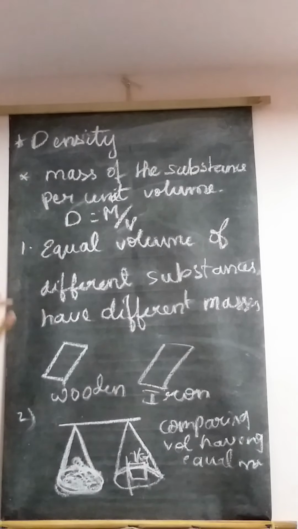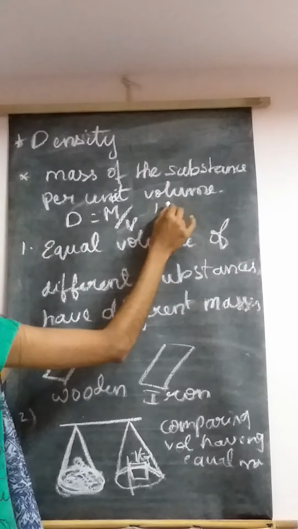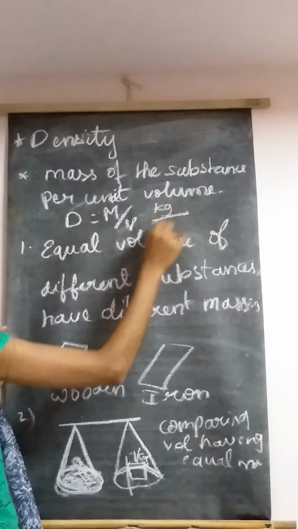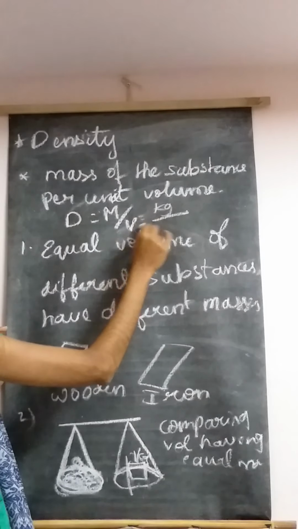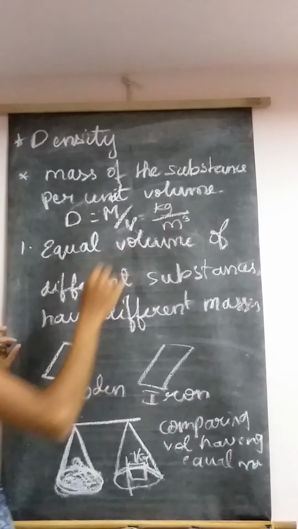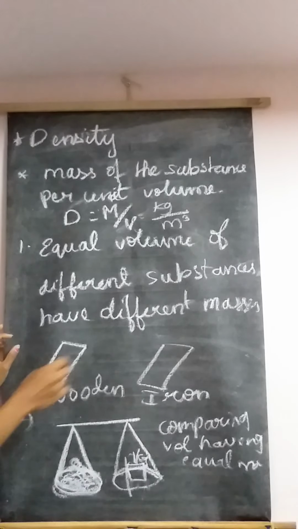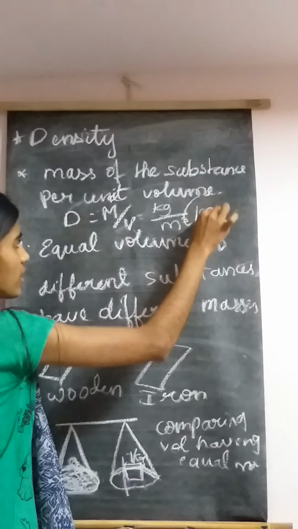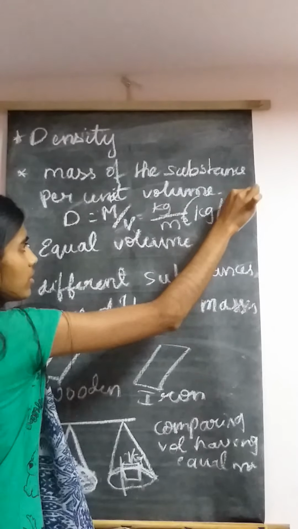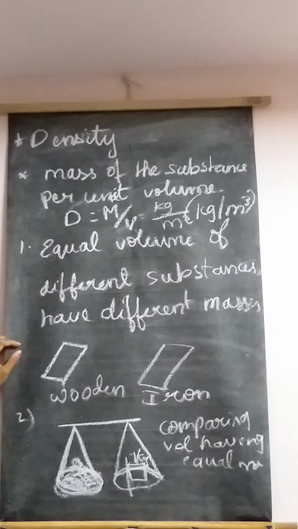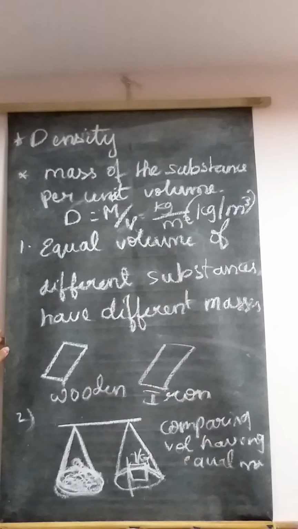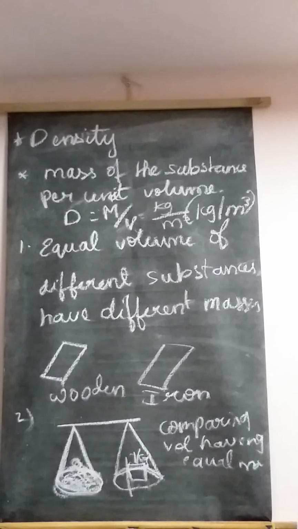The unit of density is kg, for mass, per, and how do you write the volume? Yes, cubic meter. So we write kg per cubic meter. This is the way we write the unit of density.